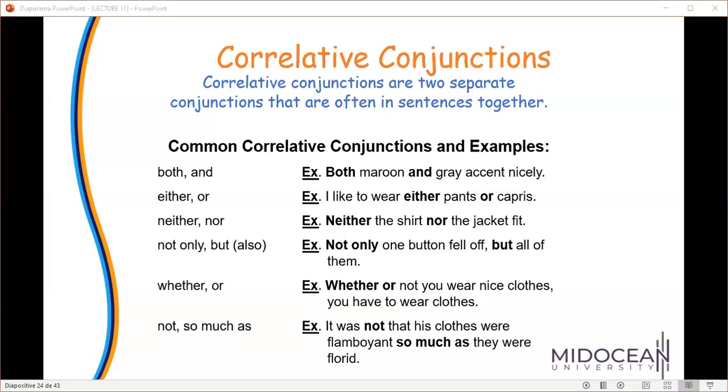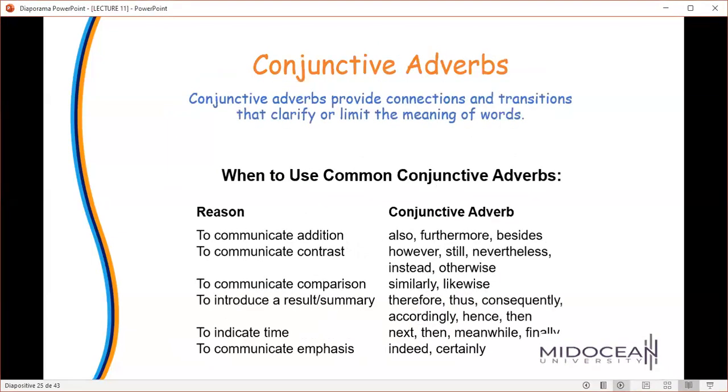I continue. So, conjunctive adverbs. Conjunctive adverbs provide connection and transitions that clarify or limit the meaning of words. Okay? So, when to use common conjunctive adverbs? To communicate addition, for example, also, furthermore, besides.